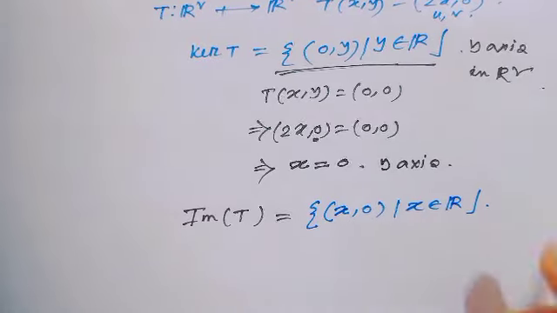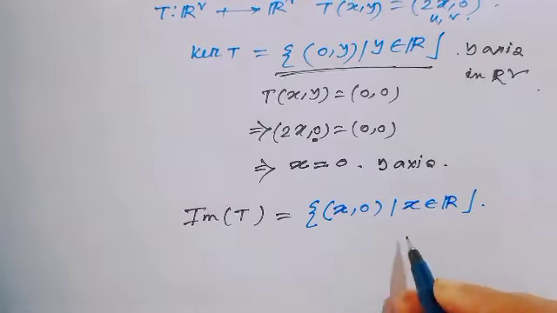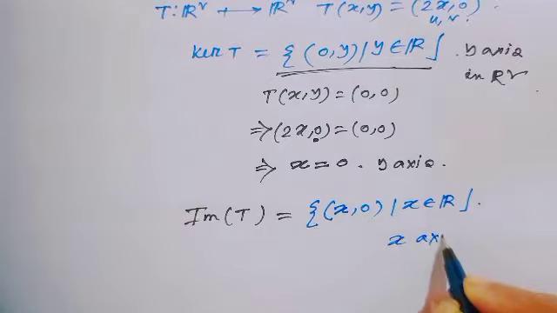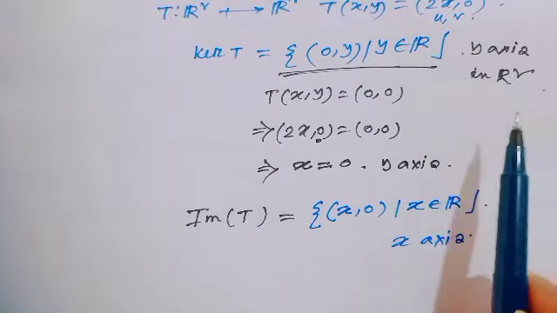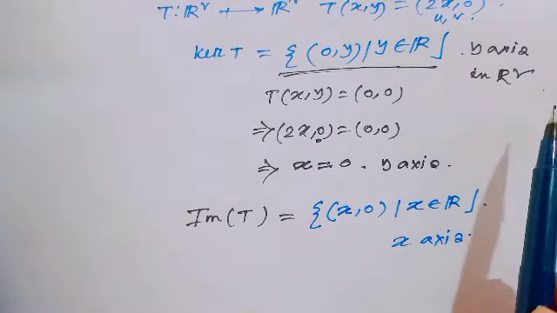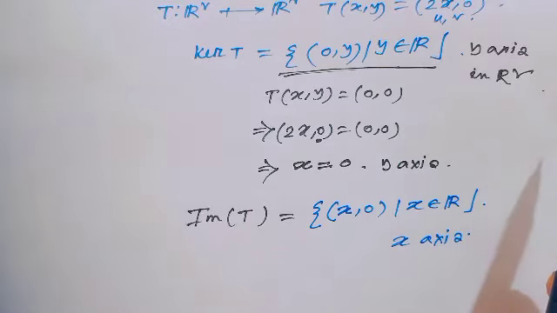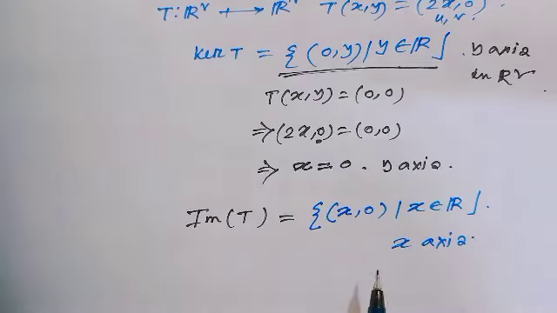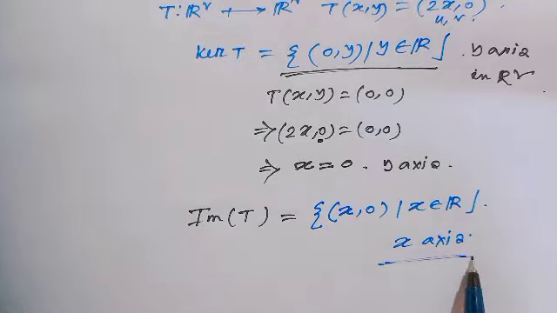That means this is actually the x-axis. So kernel T is the whole y-axis. Here the whole y-axis is mapped to the zero vector, and the image of this transformation is the whole x-axis. Okay?